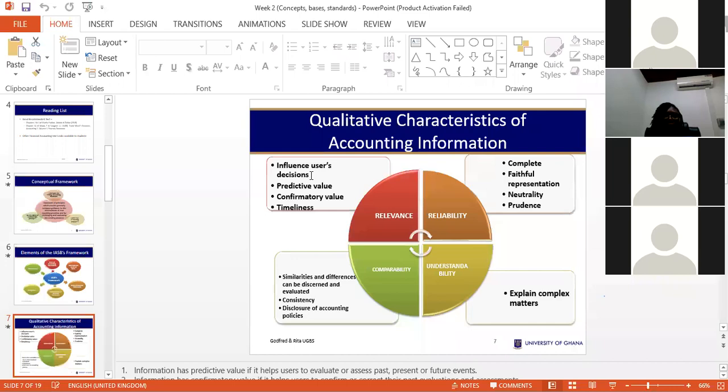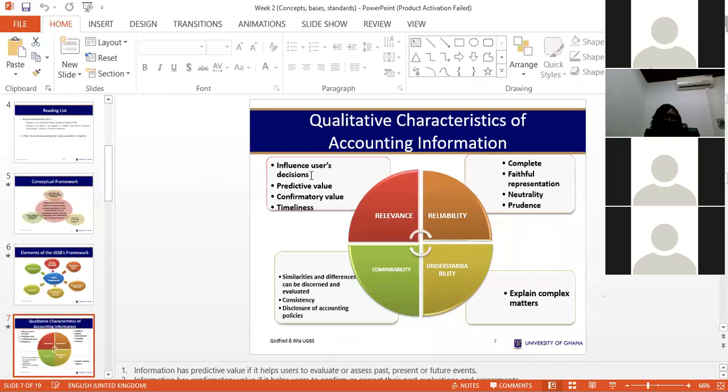Then it should have confirmatory value. So that information may have also confirmed what we predicted in the past, largely, not 100%. Okay, so it should be able to help us confirm some of the issues that we envisaged previously.